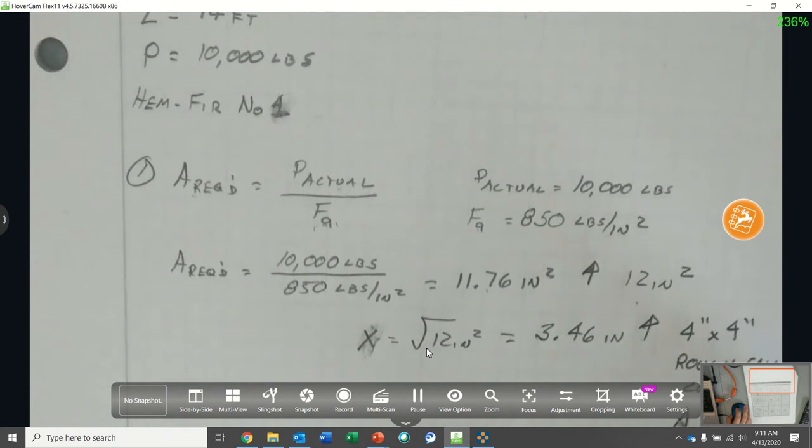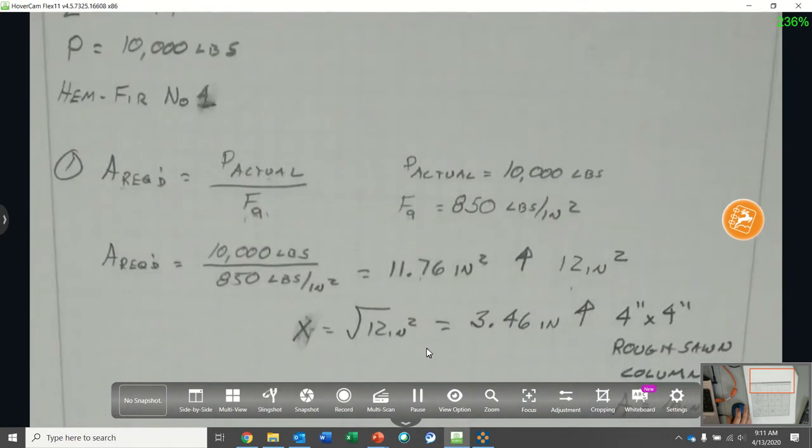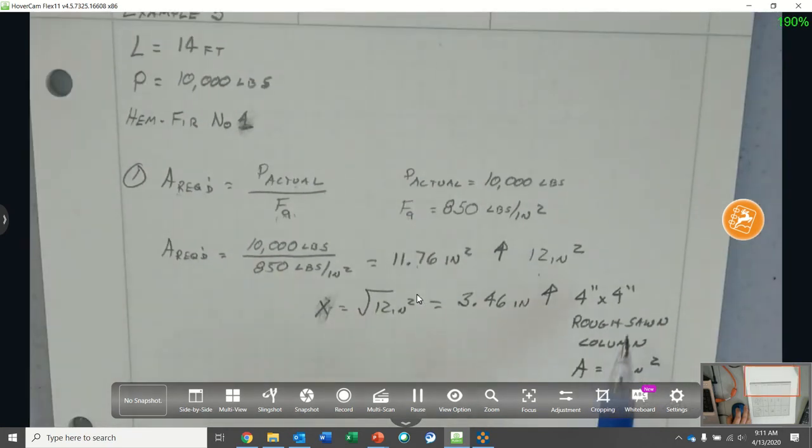Now my area is 16 square inches. If I take 10,000 pounds divided by 16 square inches, my stress is only 625 pounds per square inch, and my allowable is 850 pounds per square inch.